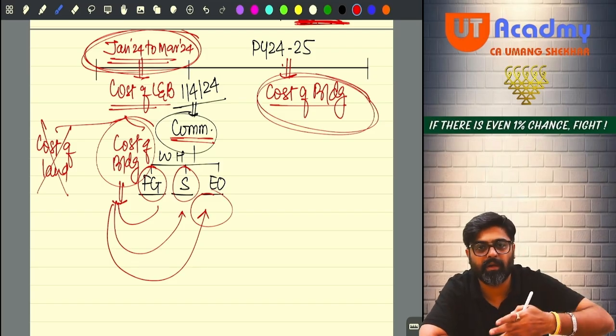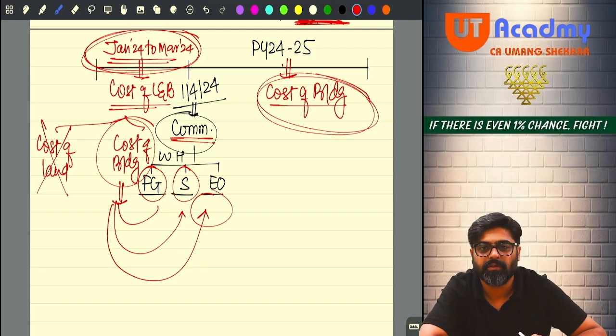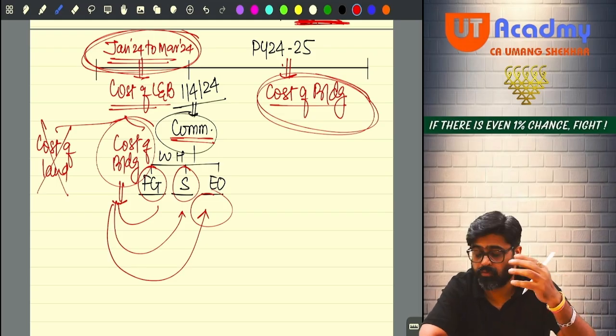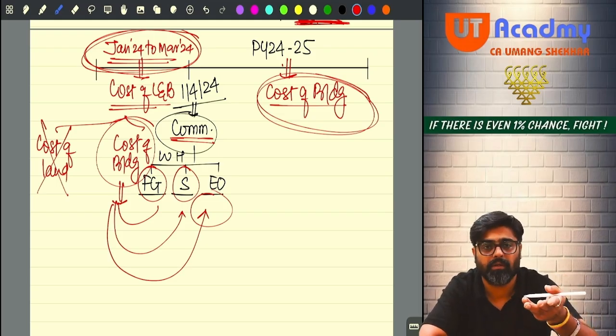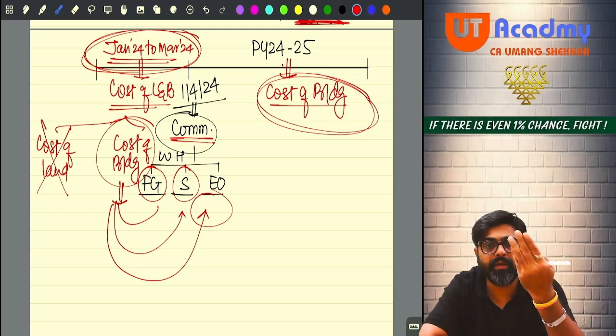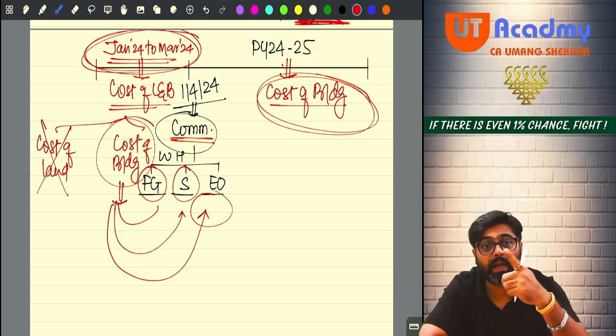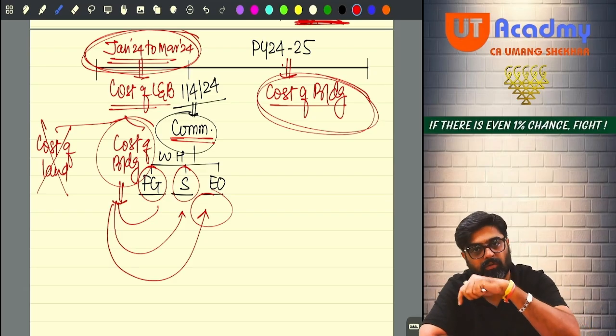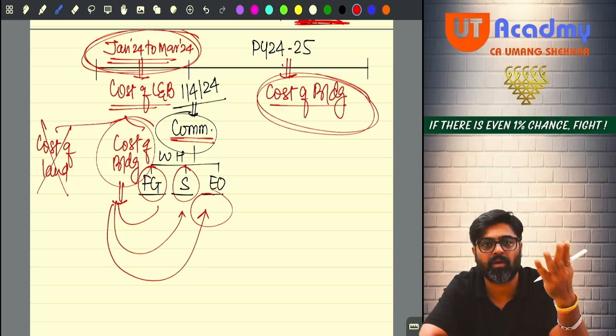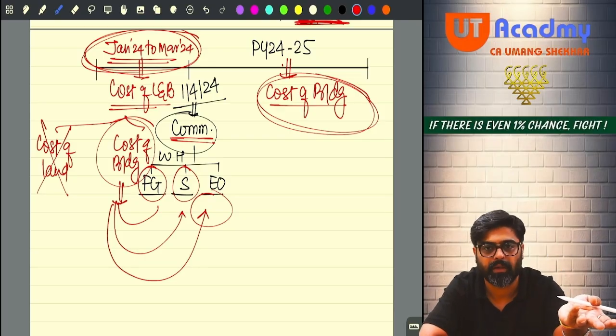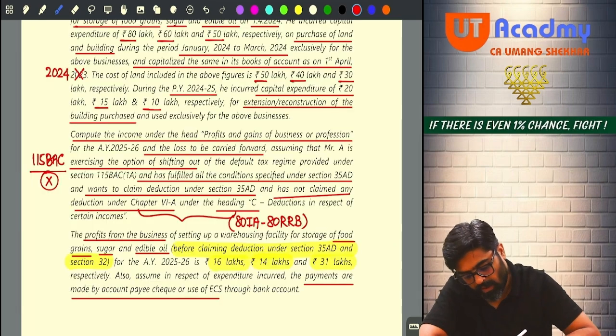It will be allowed in the year in which it is incurred. So in which year is it incurred? 24-25. So it will be allowed in 24-25. And also the pre-commencement expenditure will be allowed in the year of commencement, and the year of commencement happens to be 24-25 only. Yes or no?